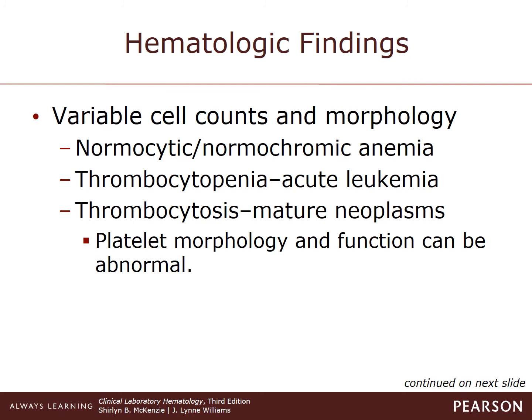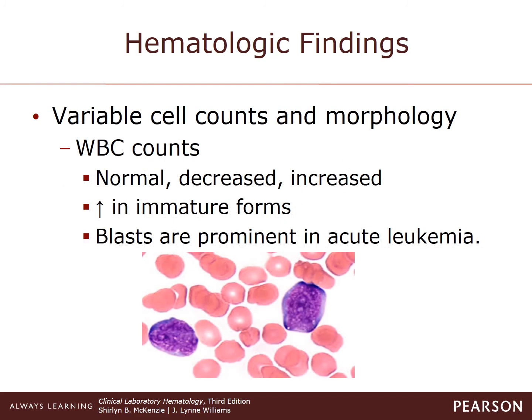And thrombocytosis is a common finding in some mature types of neoplasms, but can decrease with disease progression. And again, depending on the type of leukemia and the age, you will have variable cell counts where it's either normal, decreased, or increased, but you will definitely have an increase of immature forms, and blasts are more prominent in the acute types of leukemias.